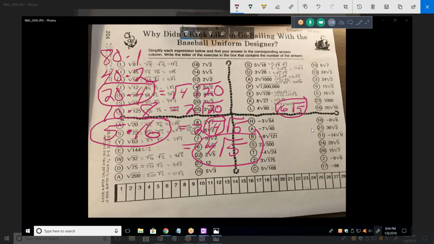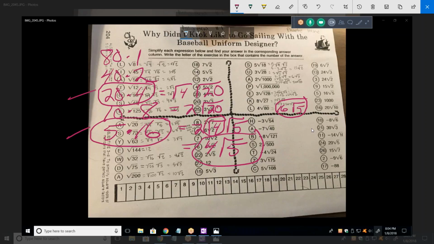By using the biggest factors, it immediately got me to 4 root 5. By using the other factors, I started with 2 root 20 and had to chop it down again. And that is frequently the case.